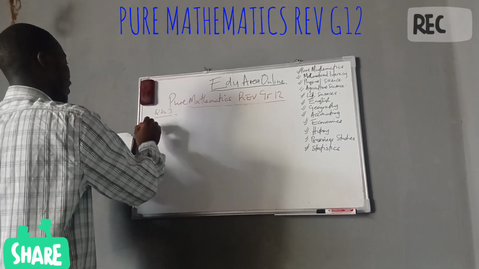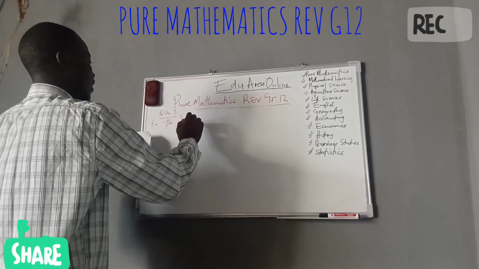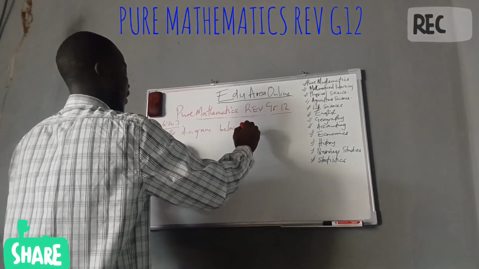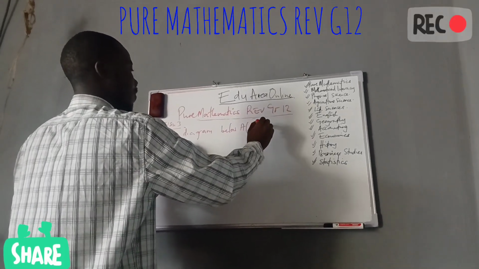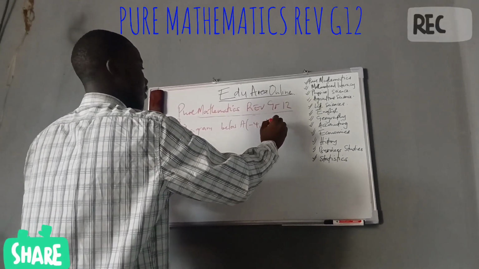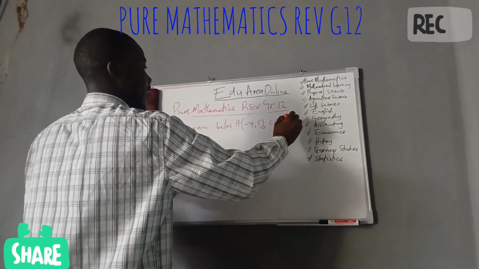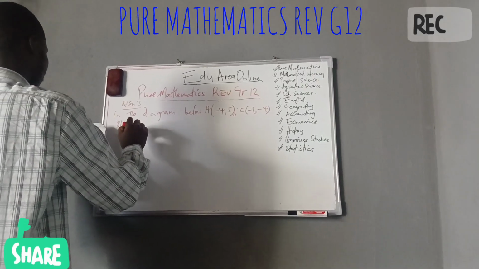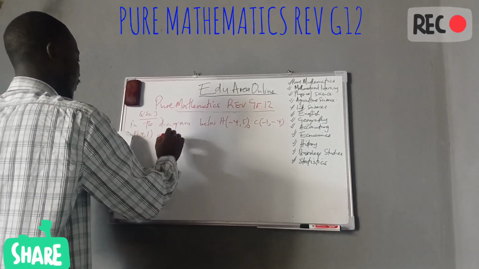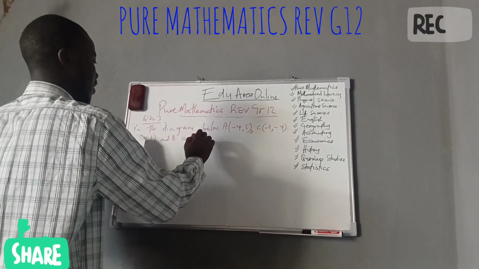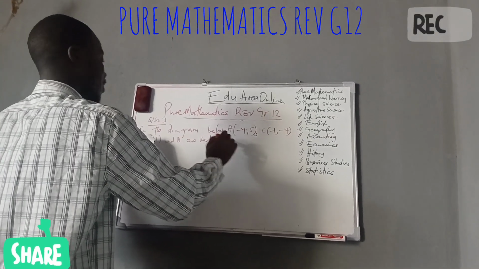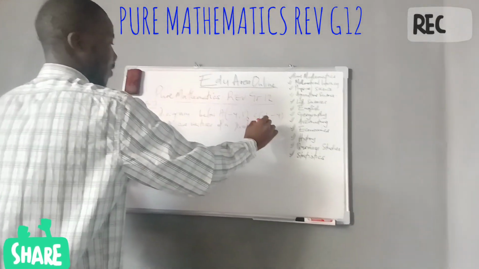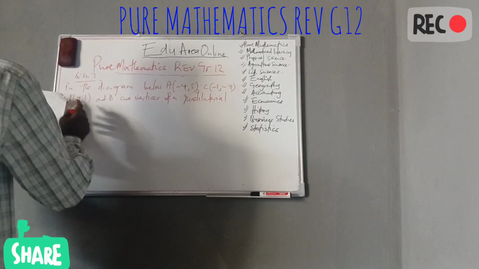Question number 3 was saying, in the diagram below, A minus 4, 5, C we had minus 1, minus 4, B we had 4, 1, and D are vertices of a quadrilateral. So it's saying vertices of a quadrilateral, right?